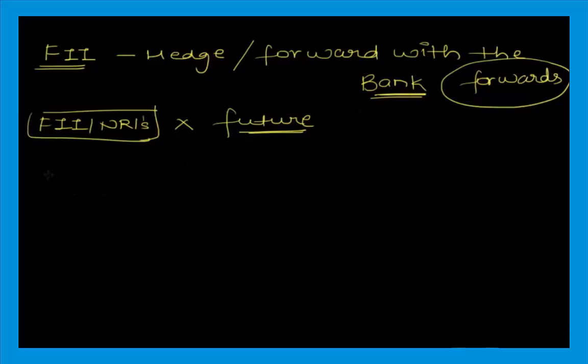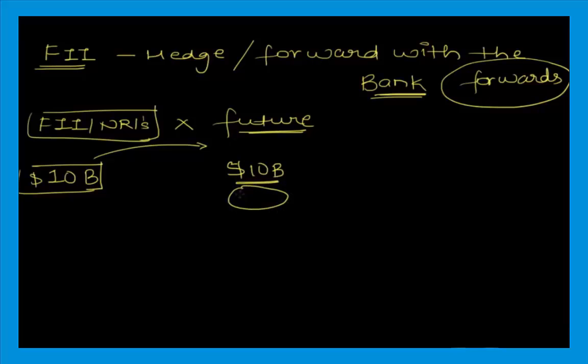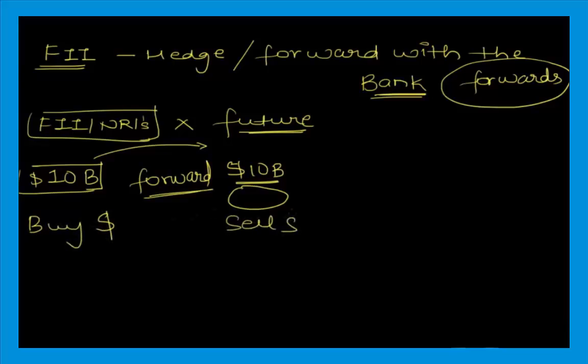So suppose I'm an FII who's got $10 billion worth of holding of debt or equity. I will go to the bank, I will sign a forward contract with the bank for $10 billion. And I'll have to keep the equity and debt with the bank as mortgage, for which the bank and the FII, which is me, will sign a forward contract, which means I will buy dollars from the bank, the bank will sell me dollars, and we have to exchange our currency, let's say after a year.